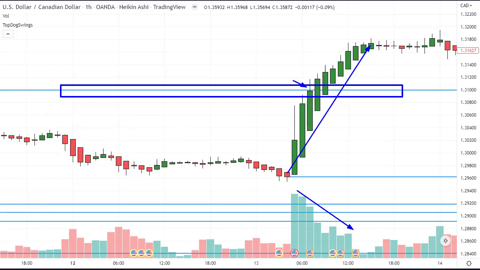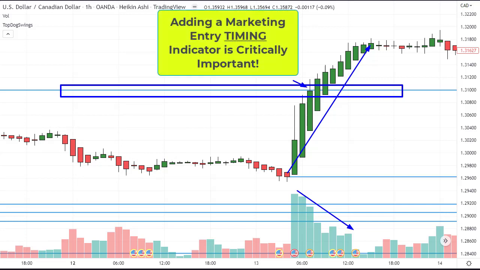Oh, one other thing that's really, really powerful with really anything, Forex, crypto, futures, is timing your entries. When you combine this with a timing indicator, then, wow, then you've added a third element or a fourth element to the recipe, which is very powerful.